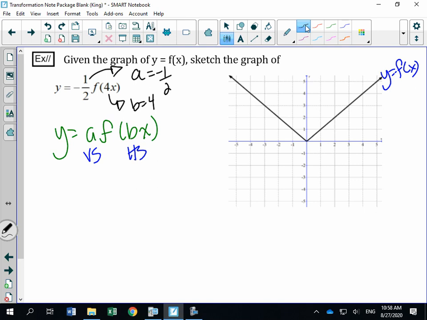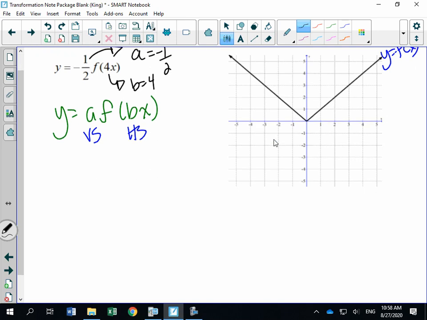Okay, let's write everything that we know. If our A value is -1/2, that is a vertical stretch. The stretch factor is equal to... now, remember I mentioned this in the last video. If your A value is negative, your stretch factor is the absolute value of that number. The absolute value means we just don't say the negative. So my stretch factor is 1/2. Now we do have to account for this negative. What does that negative mean? If we have a negative in front of our function, that is a reflection.